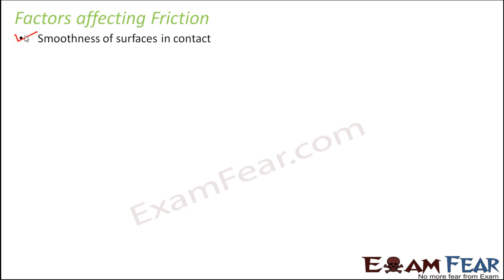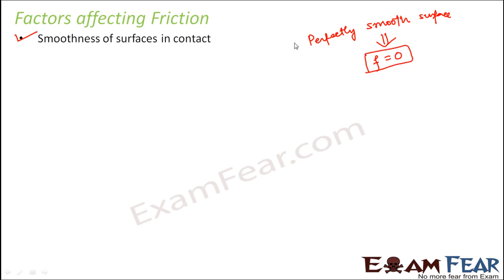Because, as I said, if you are considering a perfectly smooth surface, a surface which is extremely smooth, so there is no roughness involved, that surface will not have any friction. So for a perfectly smooth surface, the force of friction will be equal to 0.